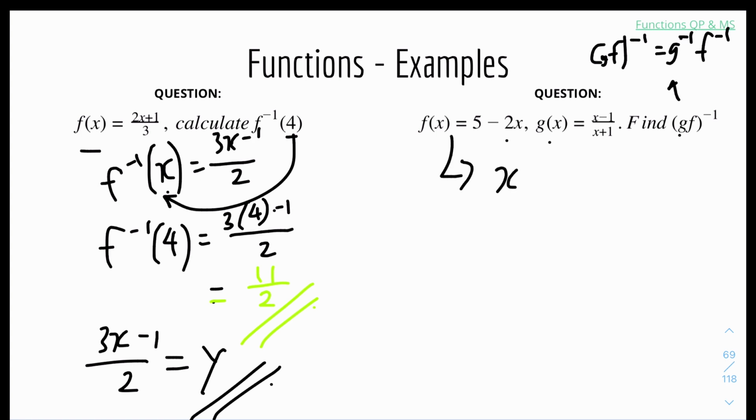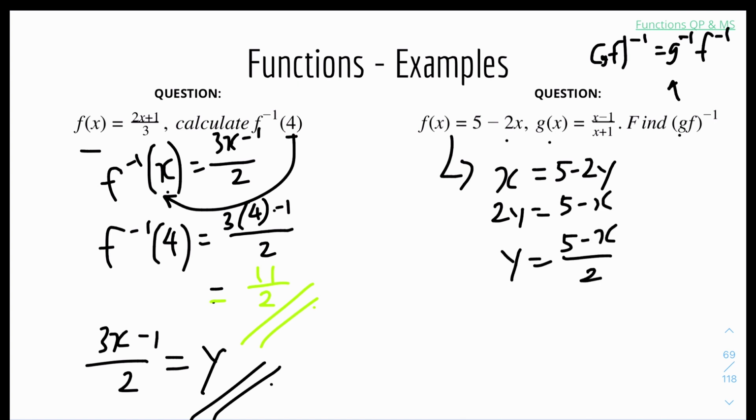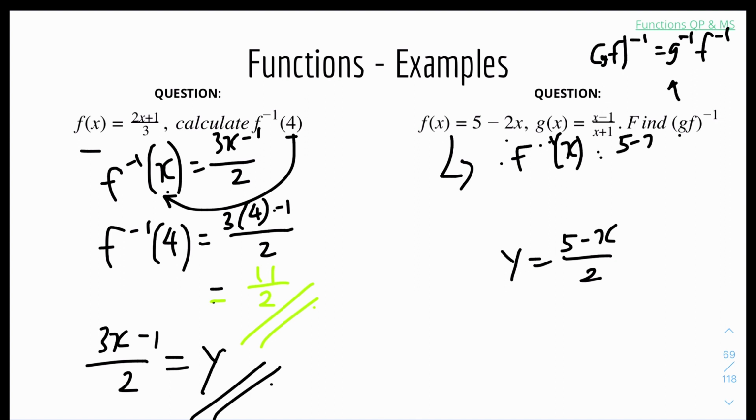It will be x equals 5 minus 2y. So 2y equals 5 minus x, and y equals (5 minus x) over 2. So f inverse equals (5 minus x) over 2, number 1.